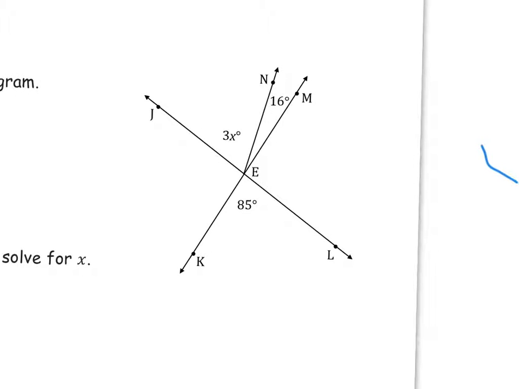So what I know is this. I know that these two angles are vertical. And since they're vertical angles, I know that this 85 degrees is congruent to this. So I know that these two angles are equal. So these two added together, the sum of that is 85.